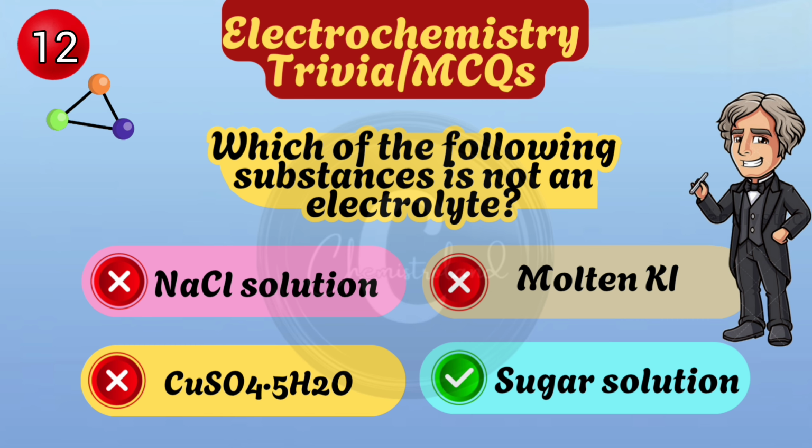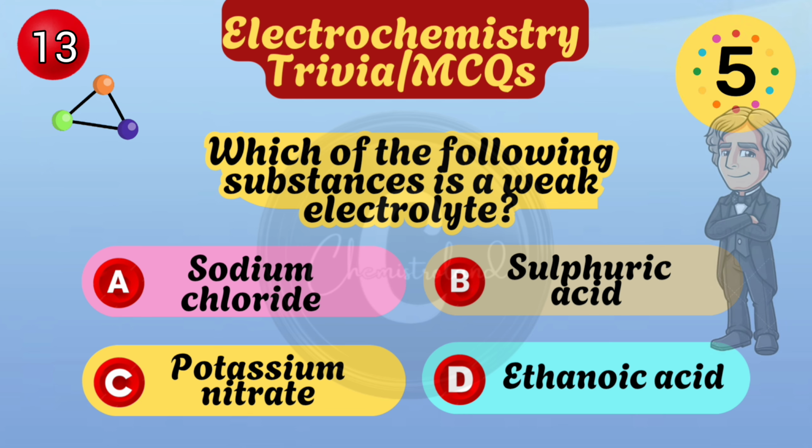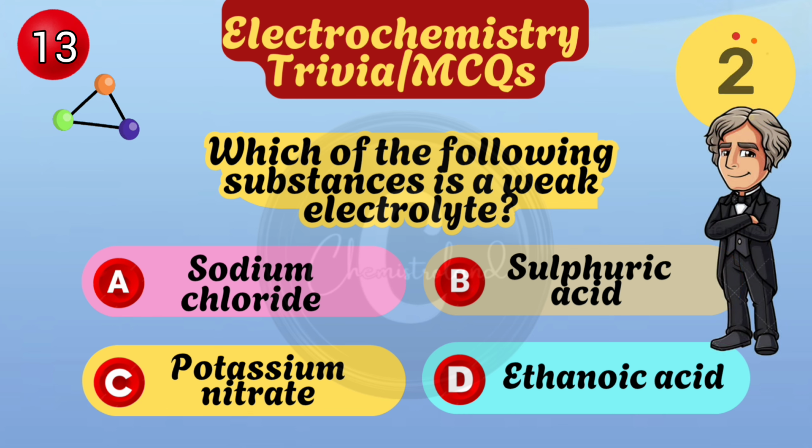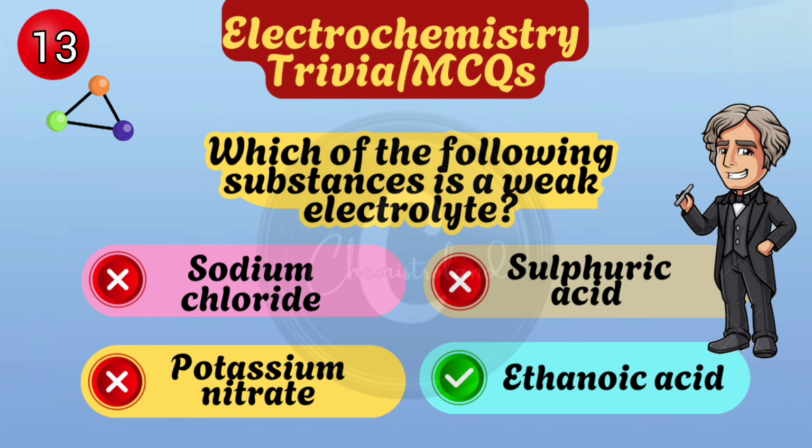Sugar solution. Which of the following substances is a weak electrolyte? Ethanoic acid.